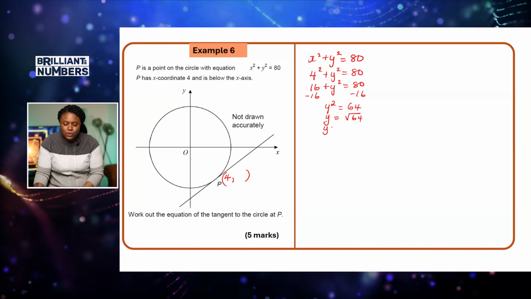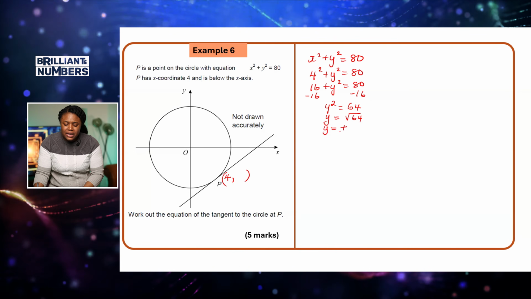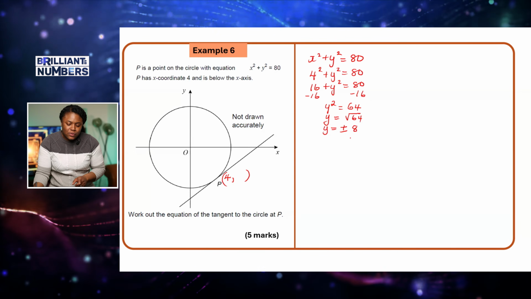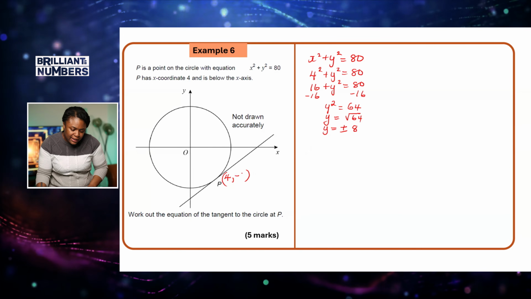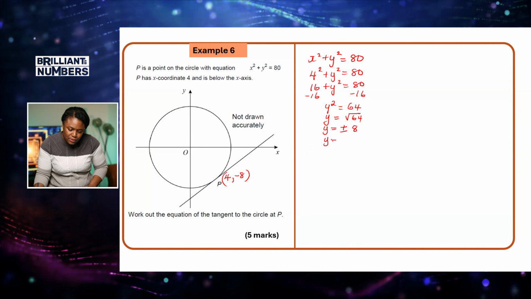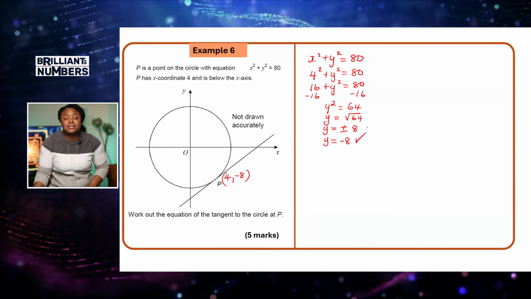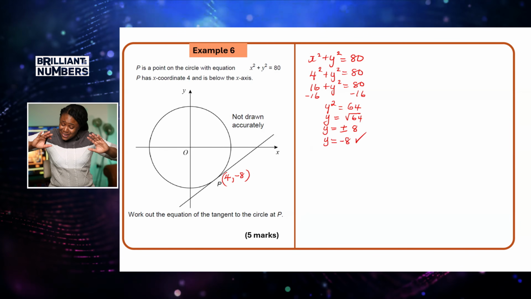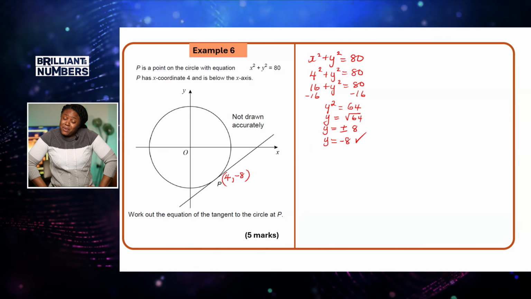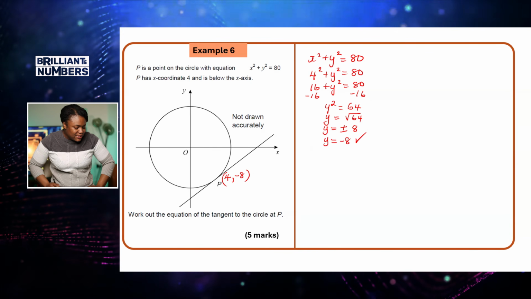So y is equal to positive or negative 8, and below the axis, we have to choose minus 8. So y is equal to negative 8. Pause if you have to. I know it's heavy content. You have every right to do that.